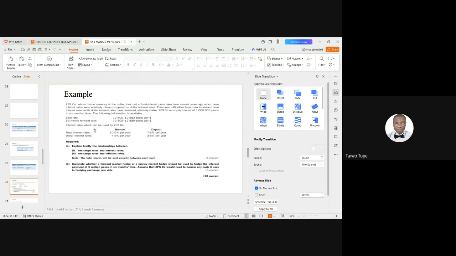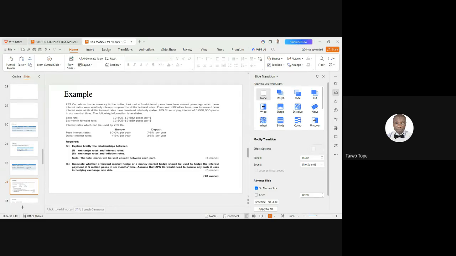The interest rates which can be used by ZPS Co: if you want to borrow in pesos, the borrowing rate is 10% per year. In pesos, the deposit rate is 7.5% per year. The dollar borrowing rate is 4.5% per year, and the deposit rate is 3.5% per year. I'm not interested in all these stories, but explain briefly the relationship between exchange rates and interest rates.